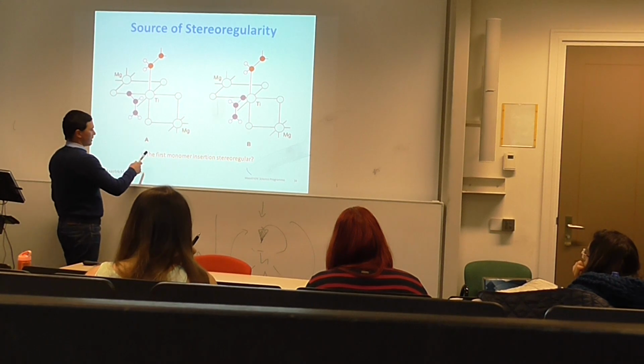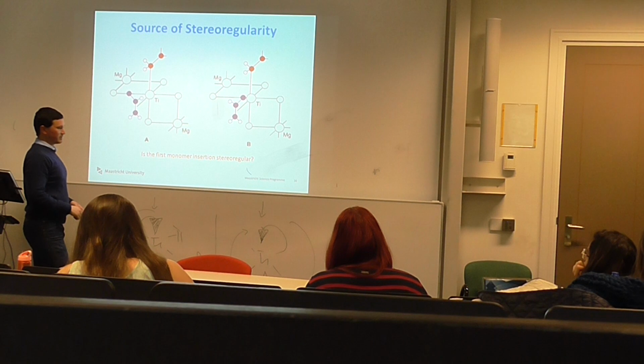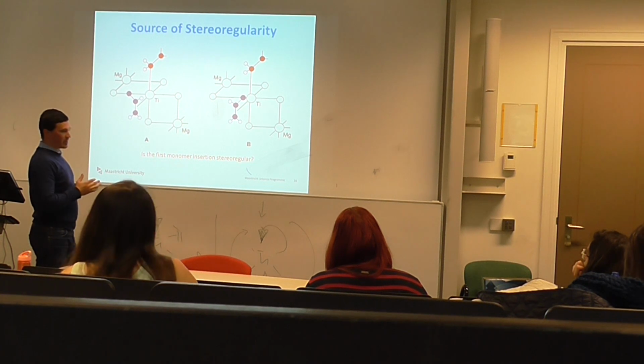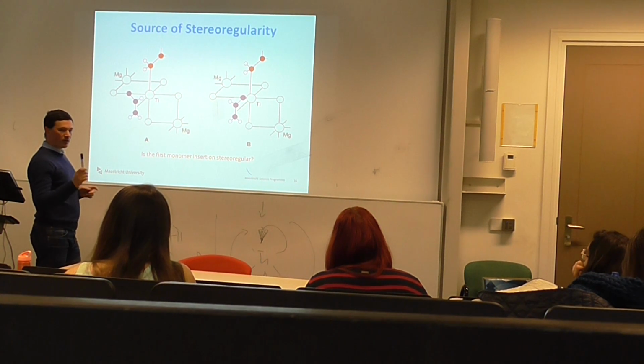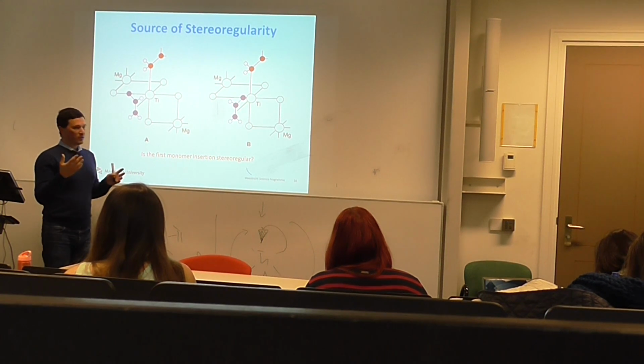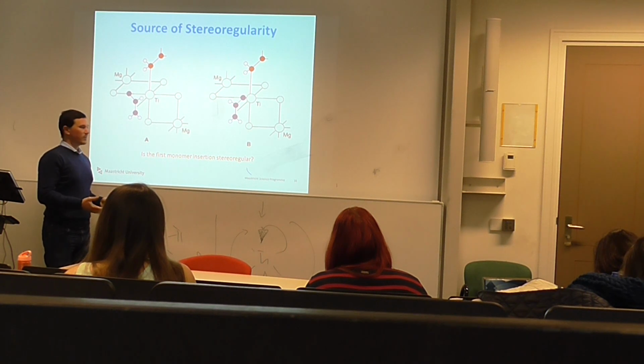Now, what do you expect, is the first monomer insertion stereoregular or not? We have said, I repeat, the chain will affect how the methyl group is oriented, if right or left. So if you are starting your polymerization, so you don't have the chain yet, what do you expect?